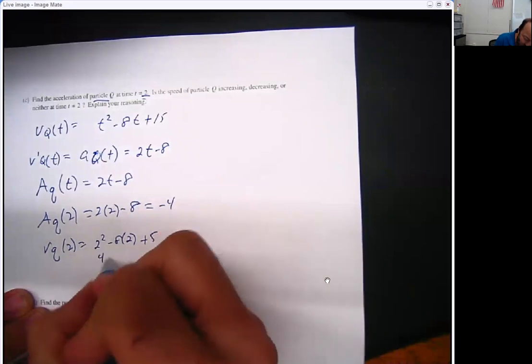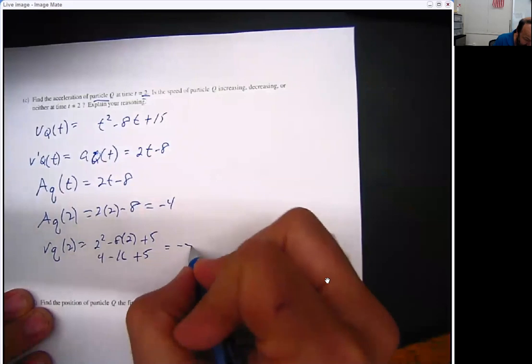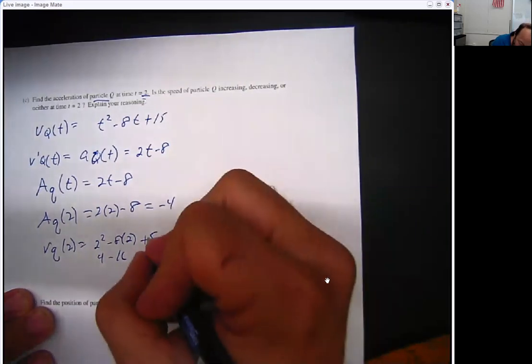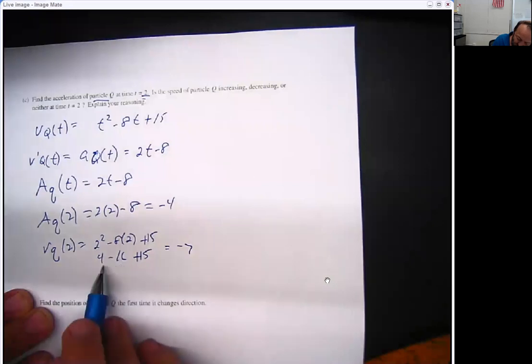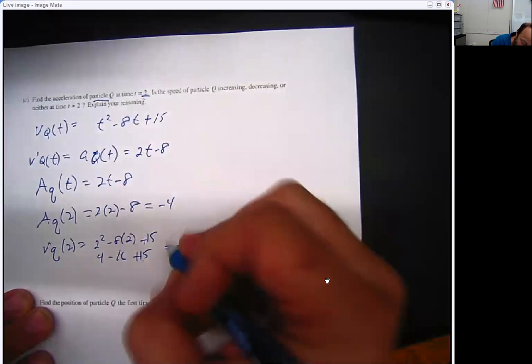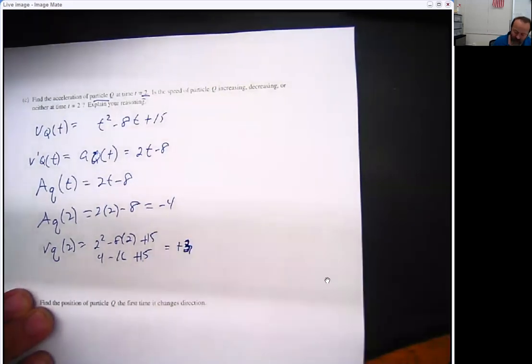So that'd be 4 minus 16 plus 5, which is negative 7. Oh, that was supposed to be plus 15, wasn't it? So that would be 4 minus 16 is negative 12, and negative 12 plus 15 is actually a positive 3. At least I caught that before I kept going.